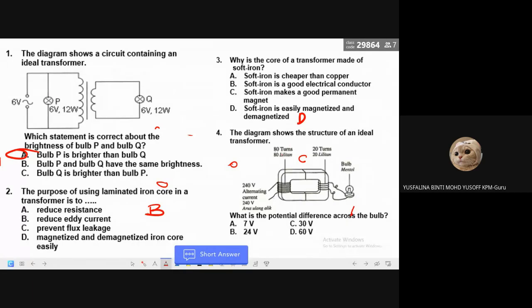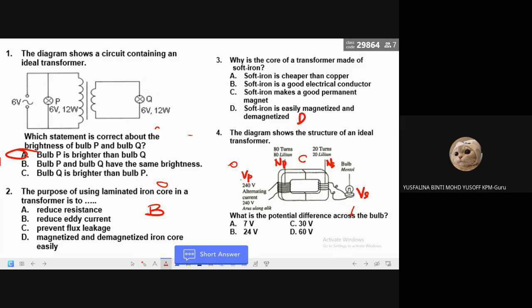The diagram shows the structure of an ideal transformer. What is the potential difference across the bulb? They give you VP and also NP and NS, the secondary, and they ask you to find VS. So the potential difference across the bulb is VS. The one that supplies the current is VP, primary.